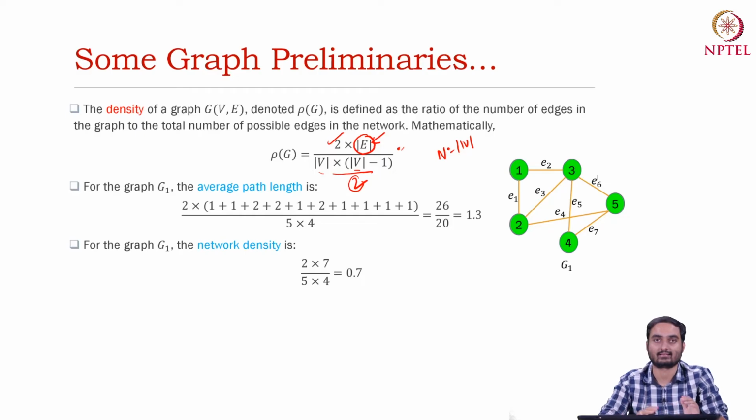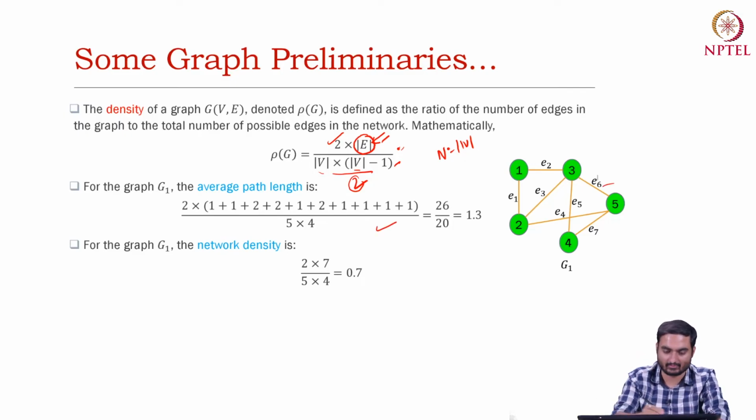If the density is high, meaning that the numerator and the denominator are about the same, the graph is highly dense, meaning that all the nodes are connected to each other. It's like a clique, a completely connected graph. You see this example here.